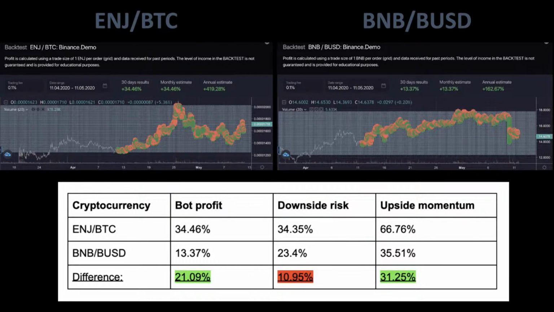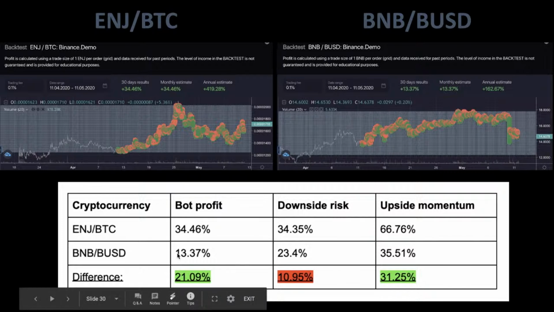So combining this, taking it into consideration and applying the comparative analysis, here's what I have. For ETH and BTC, my bot profit would be 34%, according to the backtest result. And for the BNB, it would be only 13%.